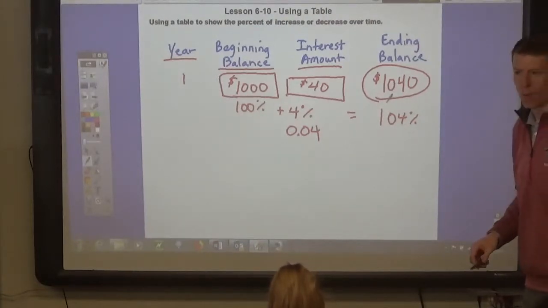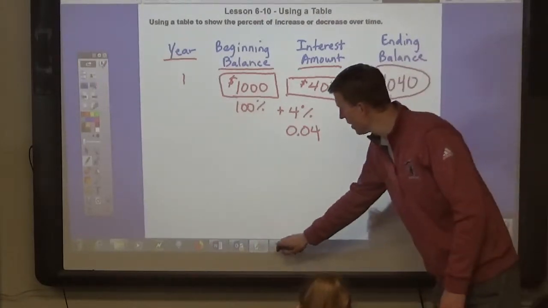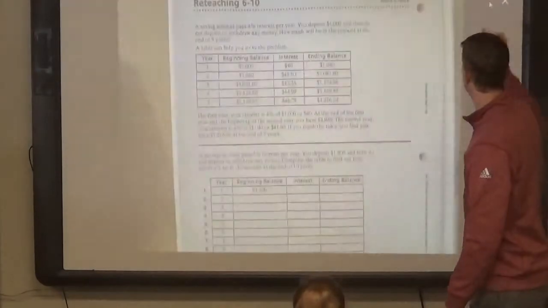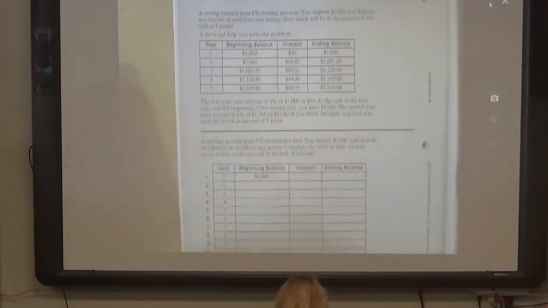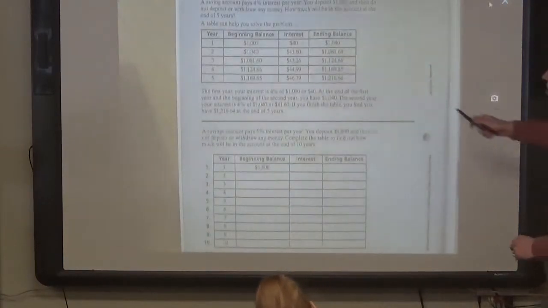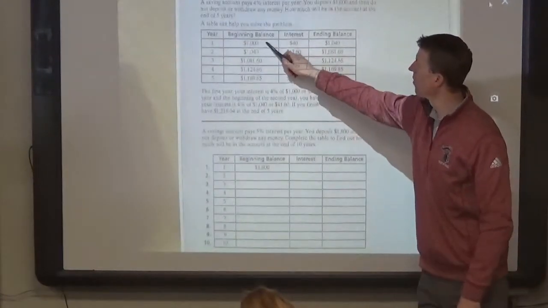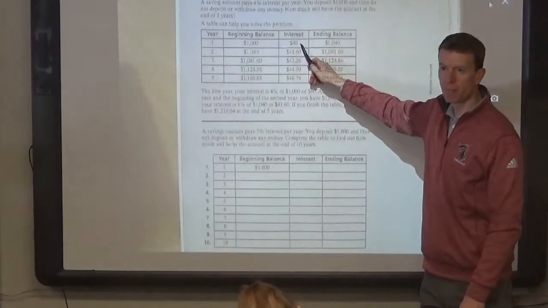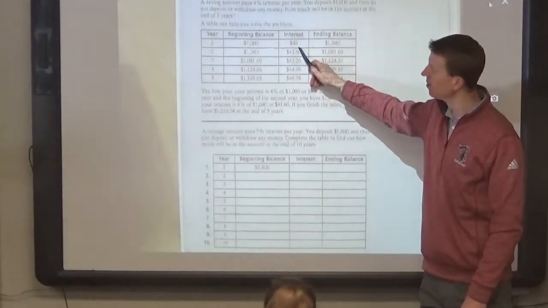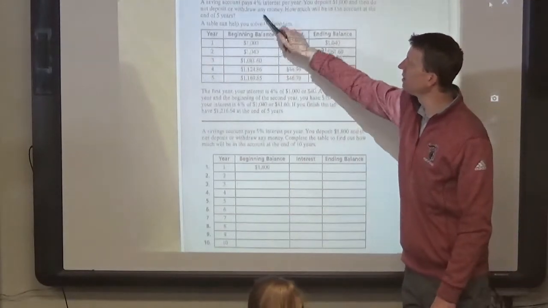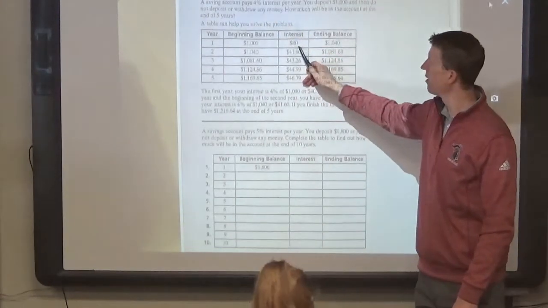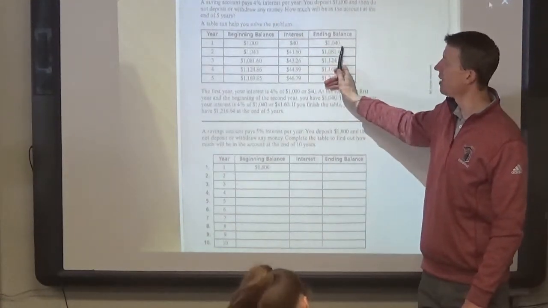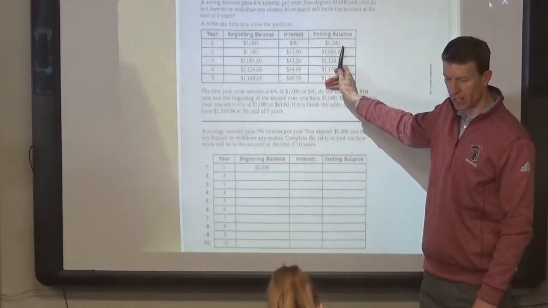Now, what we're doing on our assignment is putting this on a chart, on a table. So in this first example, it's exactly what was shown. 1,000, the interest amount was $40 because that was 1,000 times 4%. That's where we get the $40. So the ending balance is $1,040.